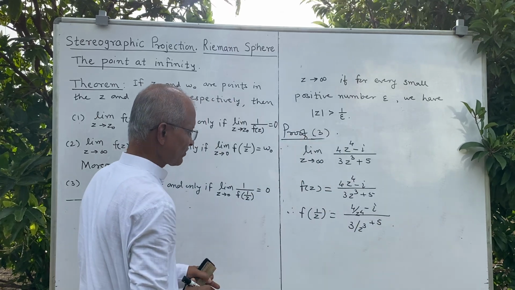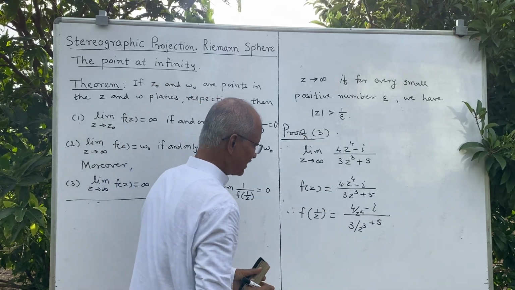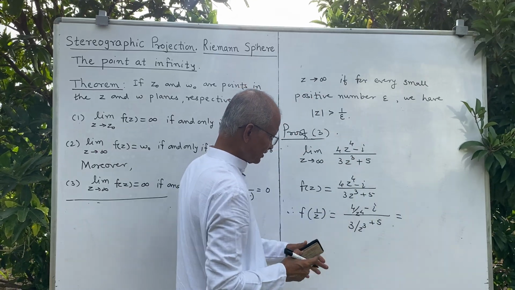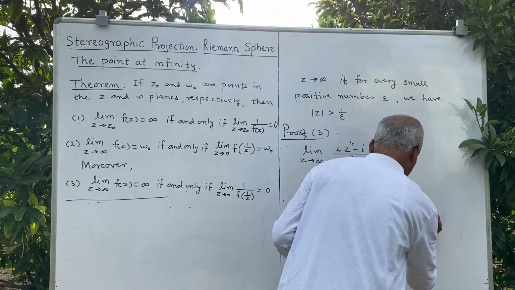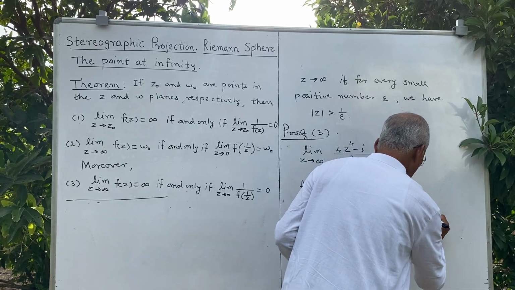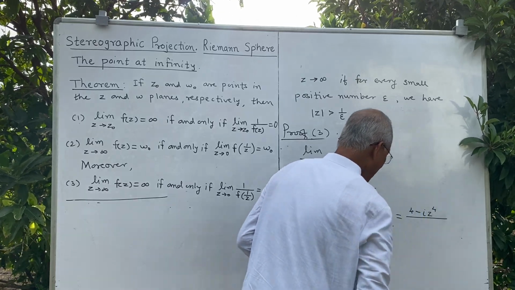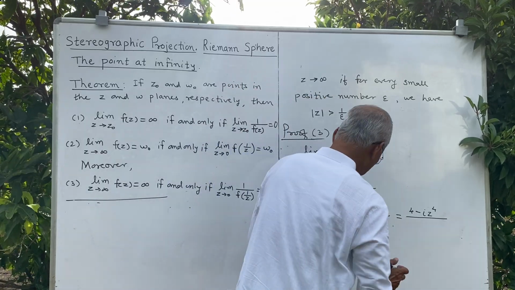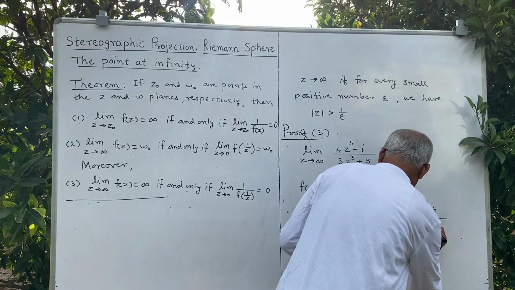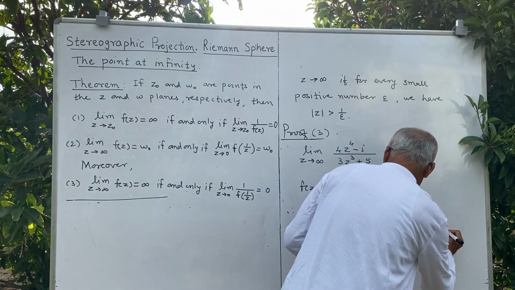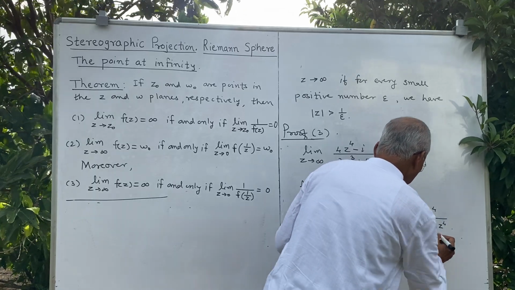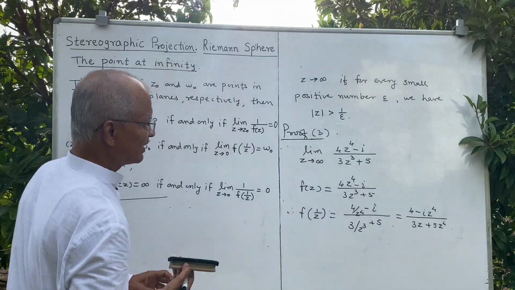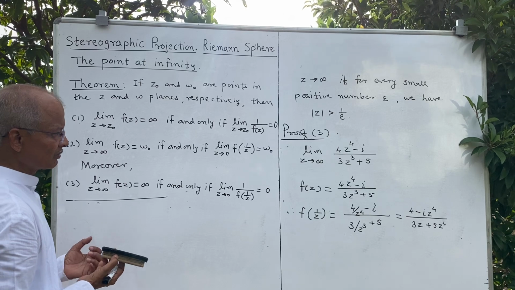This is f of 1 by z, and if you multiply the numerator and denominator by z to the power 4, then this becomes 4 minus i into z to the power 4 divided by 3z plus 5z to the power 4. Here we want to put z equal to 0.